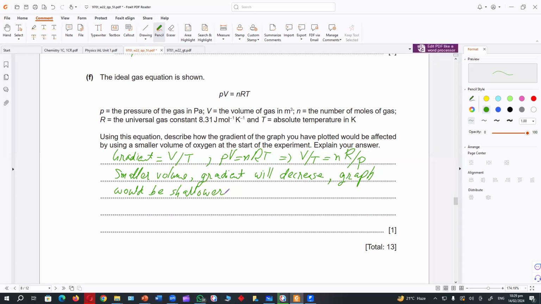It's very strange. That's fine by now, but for this, how PV equals nRT is involved. Oh, this is a confusion.